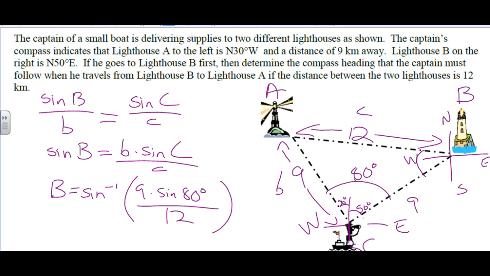Okay, so plug that in calculator. Second sine inverse, 9 times sine 80 divided by 12, 47.6. Okay, rounded to nearest tenth, 47.6 degrees.